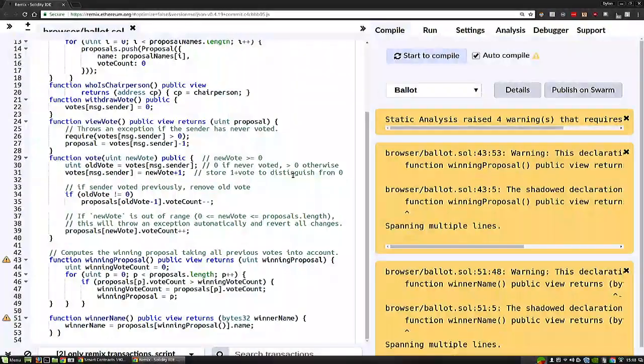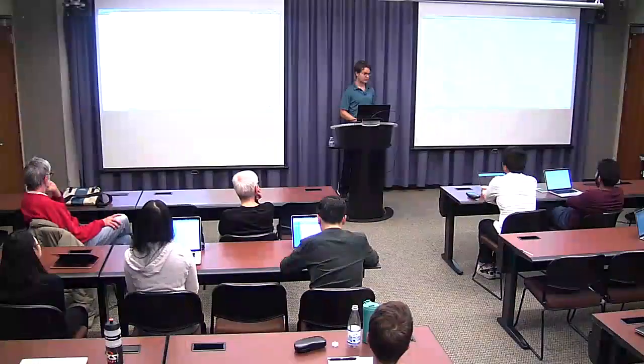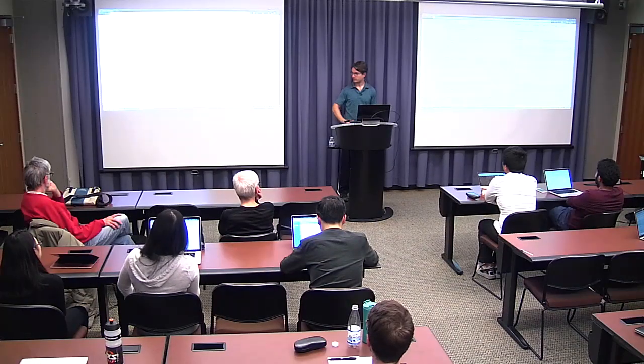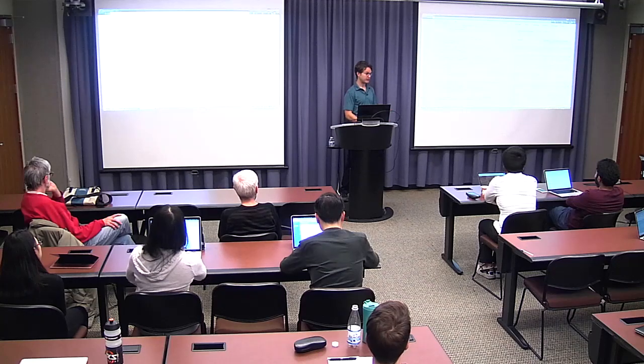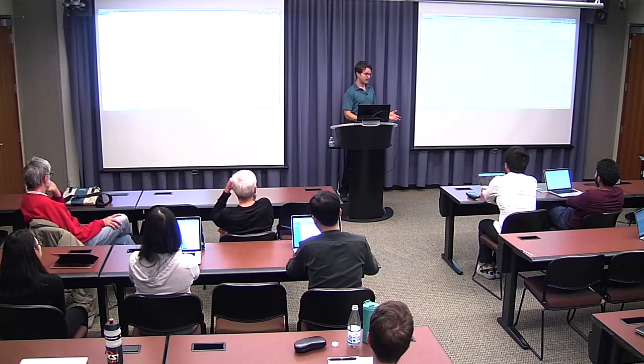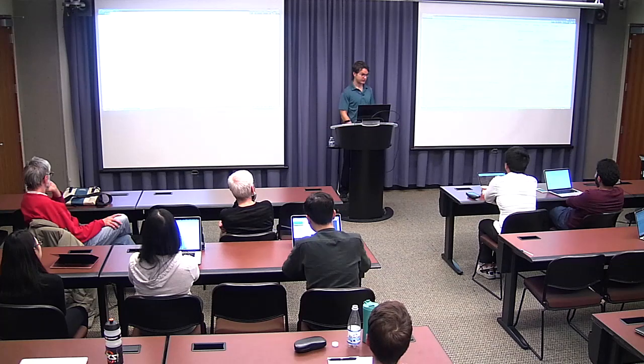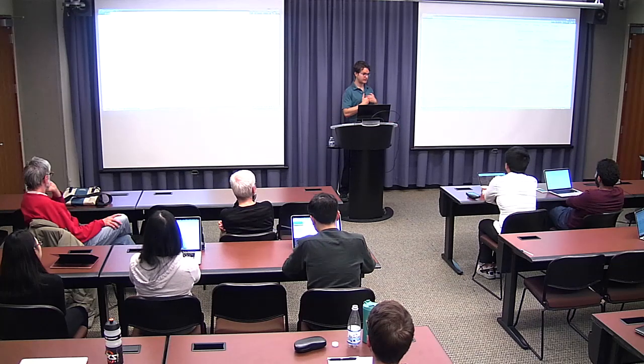So down at the, oh, I don't have it in this version. But if we wanted a method that only the chairperson, the creator of the ballot contract, can call, then we have to make sure that it will halt execution if anybody else tries to call it. If we forget that line of code, then the contract says something different from what we intended, and people can exploit that, right?